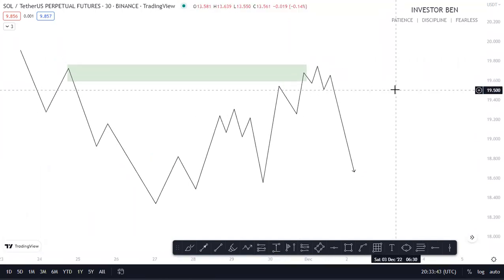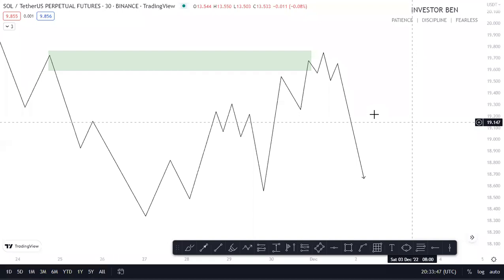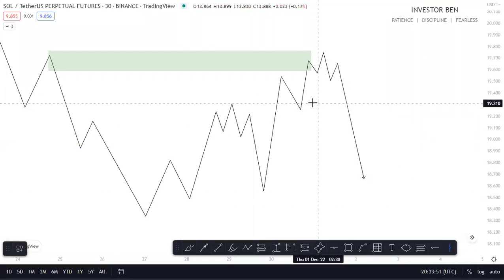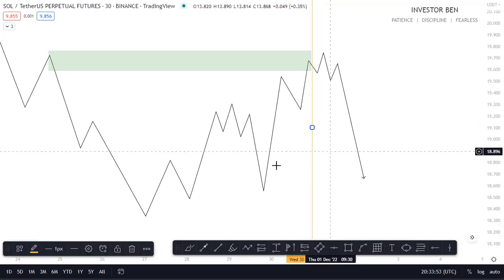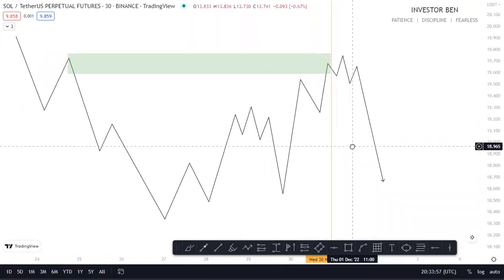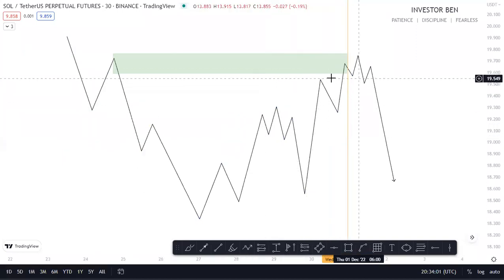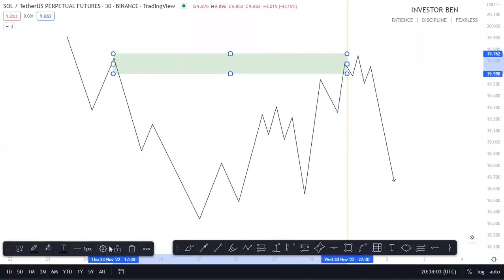This is for confirmation entry. I'm showing things on POIs. Whenever price triggers your entry, before price reaches this region, I'm not using advanced or paid TradingView, I don't actually need it. But let's say price was at this point. If you scroll to a lower time frame, this is the higher time frame supply.